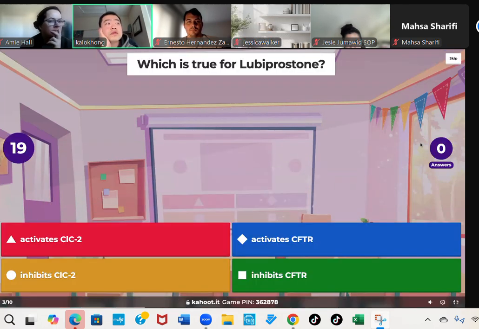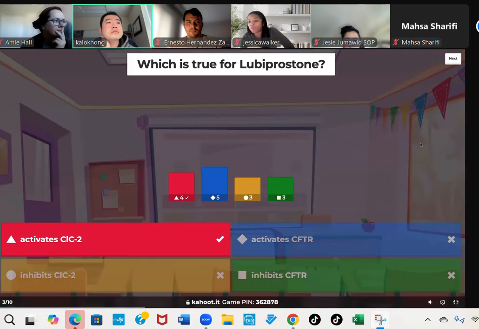Lubiprostone, lubiprostone. All right. So here is the trick. Now you know it's about chloride. It's affecting chloride ion.